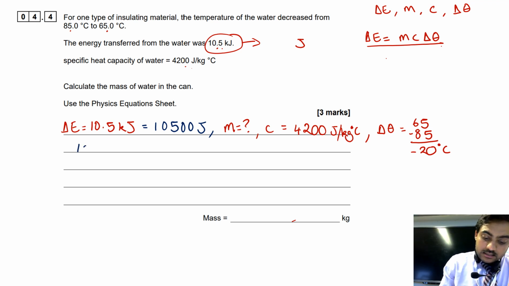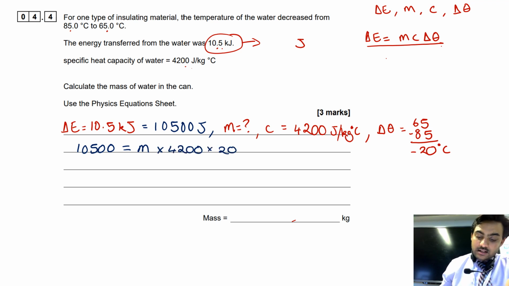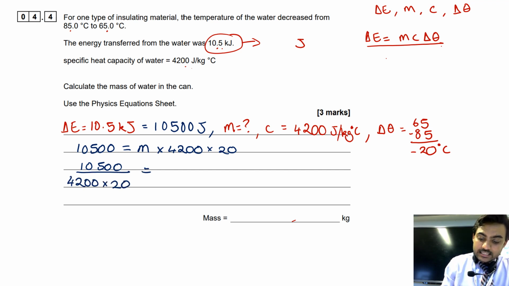So 10,500, oops, one too many zeros, is equal to mass times 4,200 times by 20 degrees Celsius. Now 10,500 divided by 4,200 times by 20 is equal to mass.